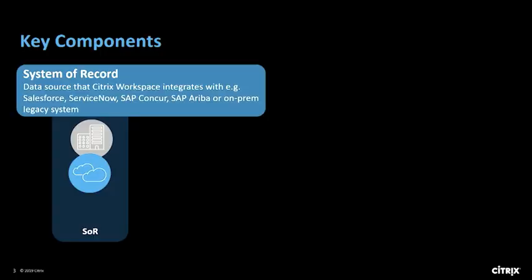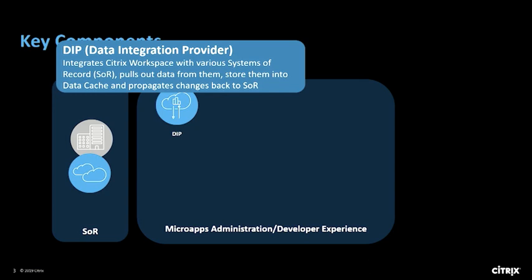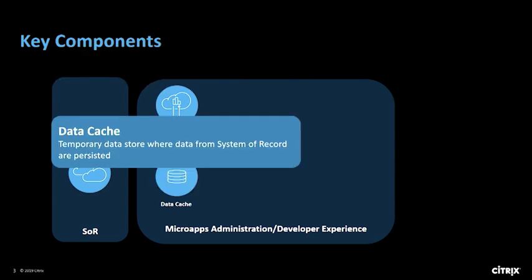Okay, so let me walk you through key components. I know David was talking about them, Jay was talking about them. Let me put it into a slightly different perspective. So you know already what a system of record is. I'm not going to repeat it again. You know what a data integration provider is: a component that enables you to connect from a workspace to a system of record, pull out the data, and write the data back.